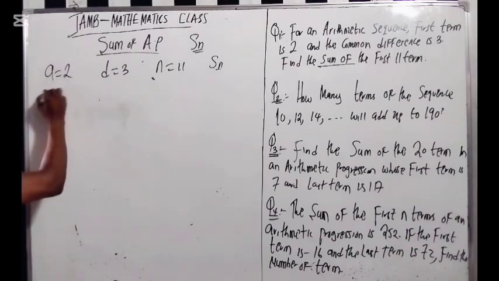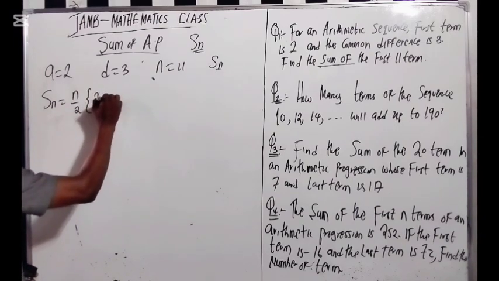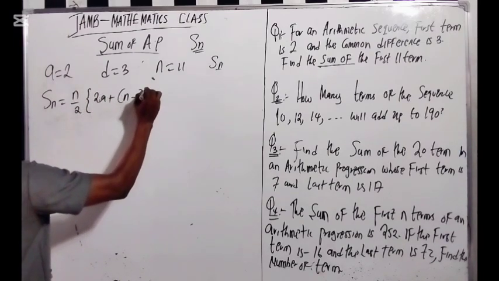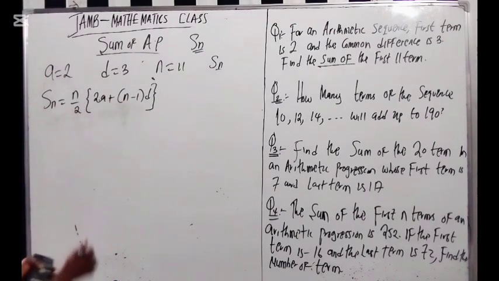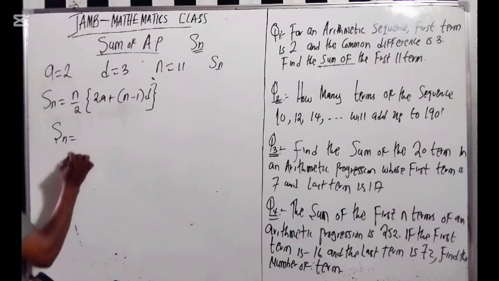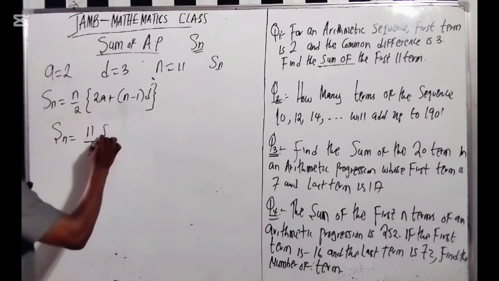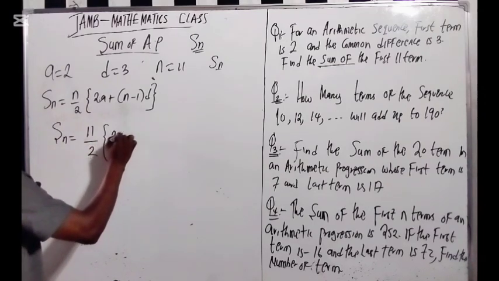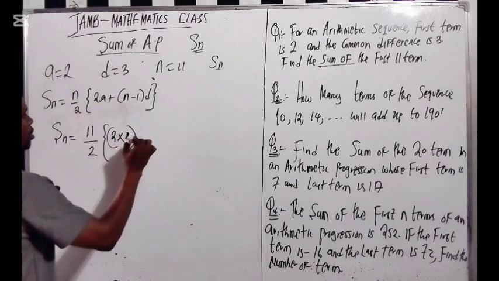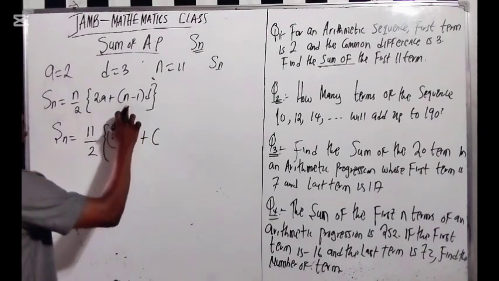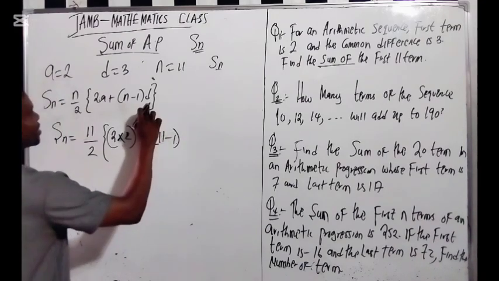Now remember I told you that Sn equals n over 2 times 2a plus (n minus 1)d. So substitute your values, very easy. Sn equals n, which is 11, over 2, times 2 times my a, which is 2, plus my n, which is 11, minus 1, times my d, which is 3.